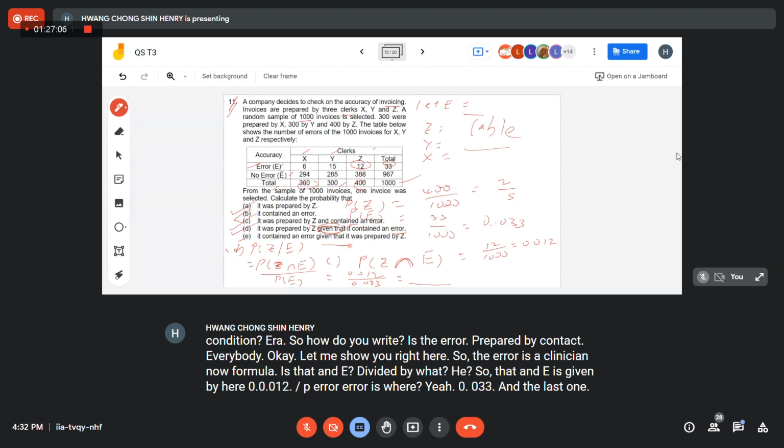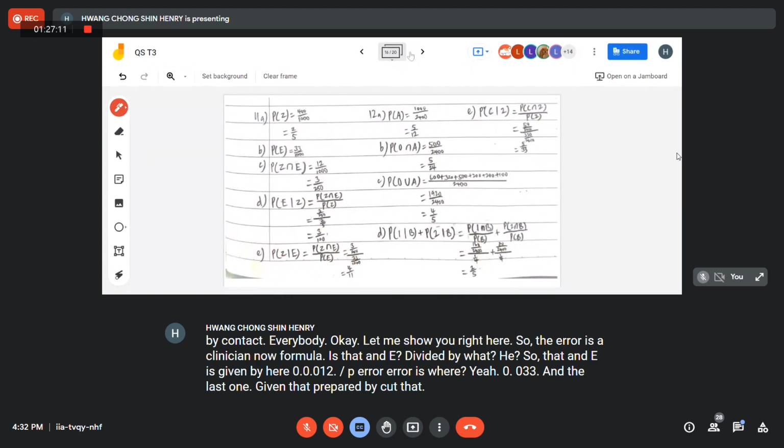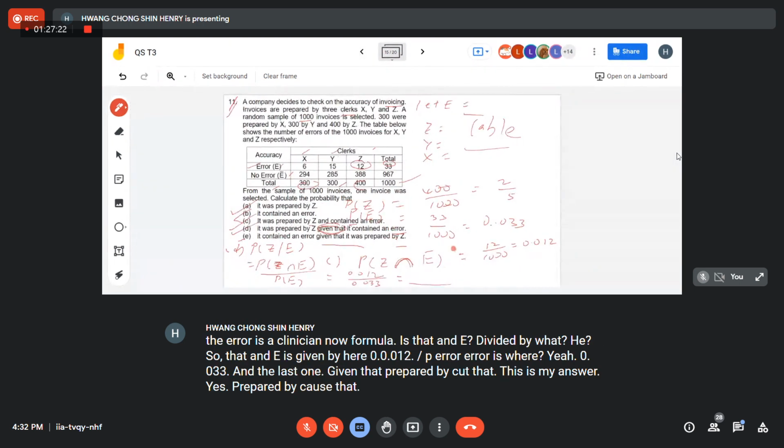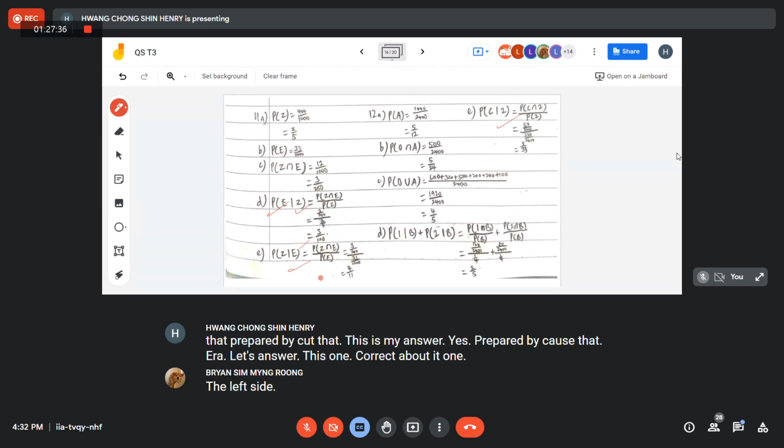And the last one, given that prepared by clerk Z. Is this my answer? Prepared by clerk Z, error. Where's your answer? This one. The left side.